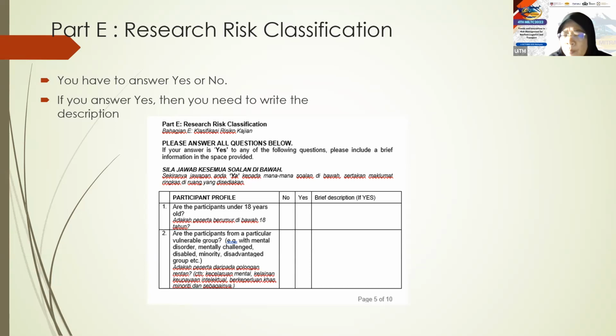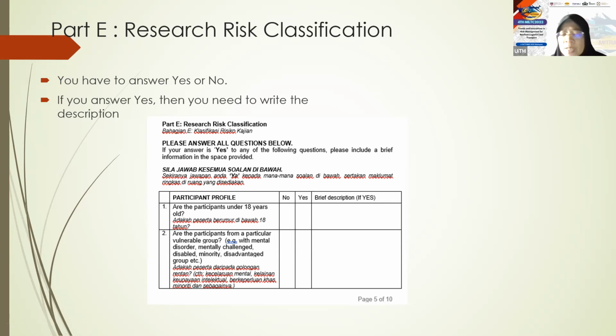Okay, if your participants are under 18 years old, then they are not really in a good state to be responsible for their decision. So if your study involves participants under 18 years old or those from a vulnerable group, and you take yes for both here, the tendency that your research will be classified as more than minimal risk is very high.